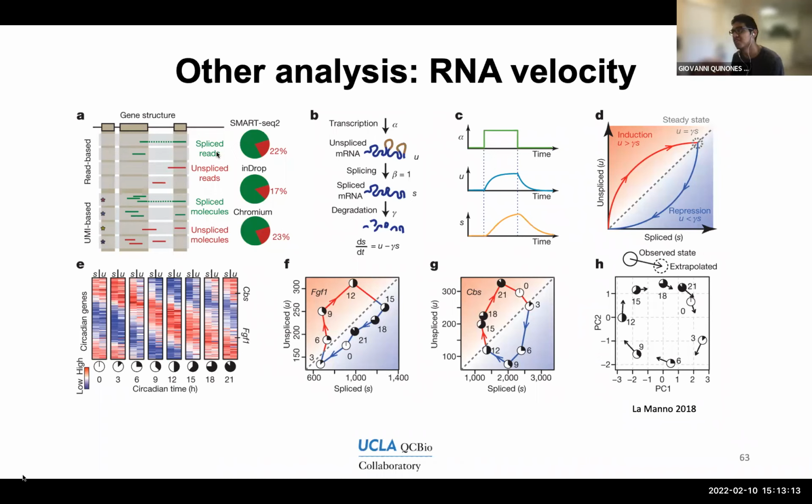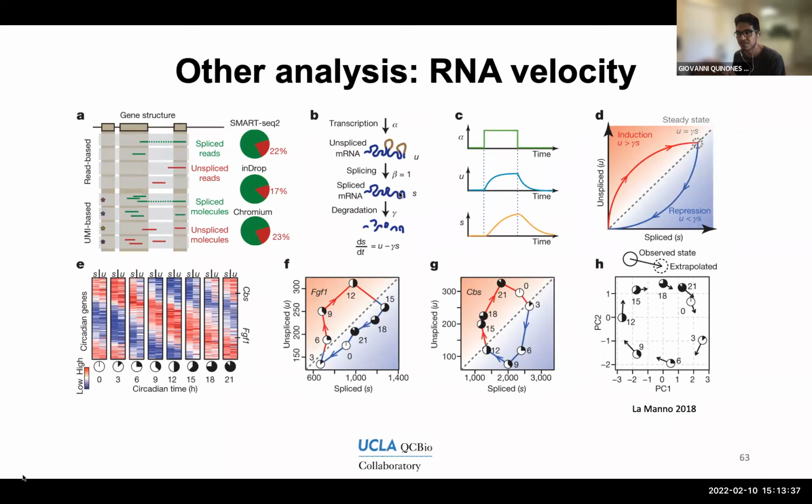So what this RNA velocity approach tries to achieve is, just like in pseudotime, to obtain a trace, a path of the different cells based on the kinetics of splicing.